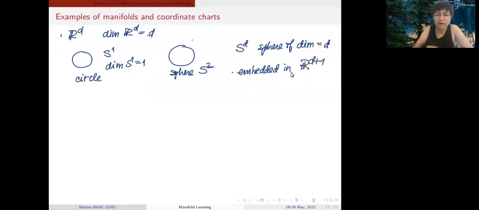So if we want to obtain by manifold learning an embedding of the sphere, we have to have m equal or larger than D+1.